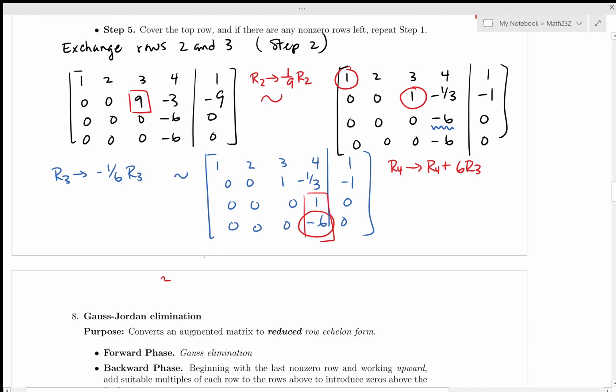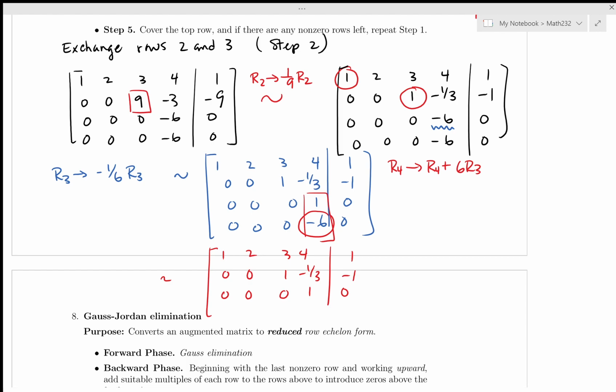Okay, so I go ahead. I'm changing row 4, so that means rows 1, 2, and 3 are going to stay the same. R4 changes to R4 plus 6R3. Let's see what happens. I get here, sorry, 0.